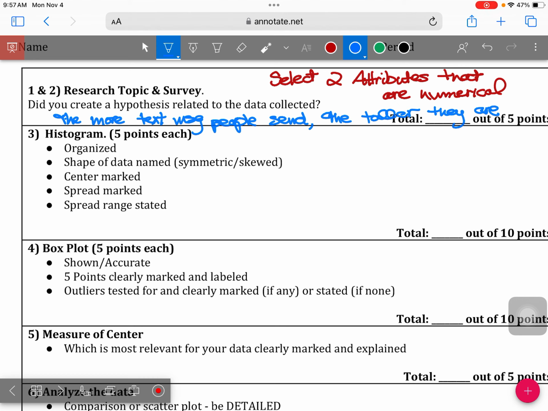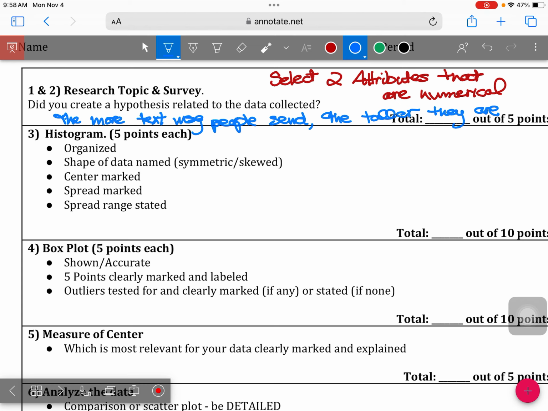All right? The longer the arm span, the shorter the person. The shorter the reaction time, the longer their left index finger. Again, it doesn't have to make sense. You are just creating a hypothesis. Does everybody understand that? That is critical for you to understand that piece.